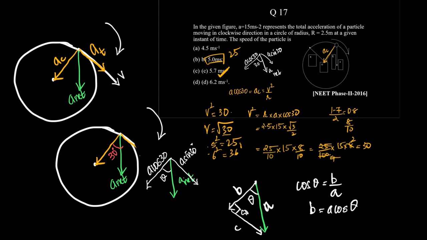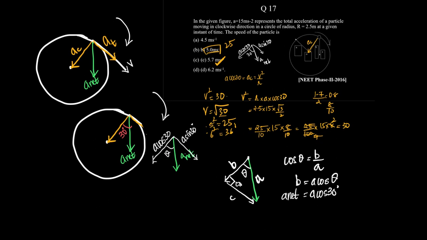Now compare this diagram. Instead of A, we have here A net. Instead of A cos theta, we here have A cos 30. So that's how you get the component A net cos 30, and the other way around.